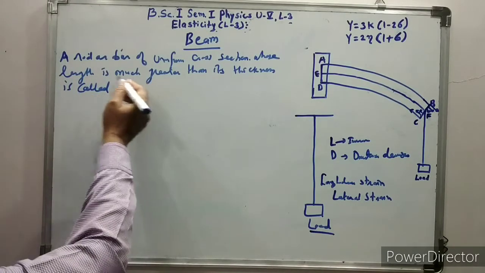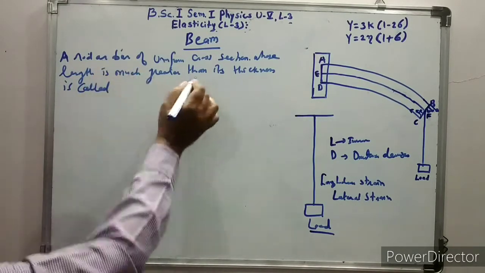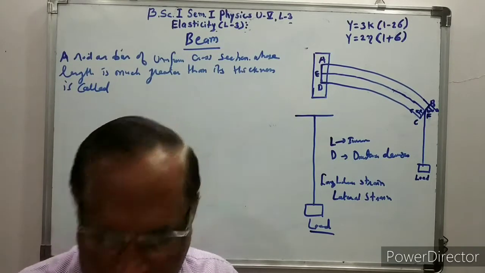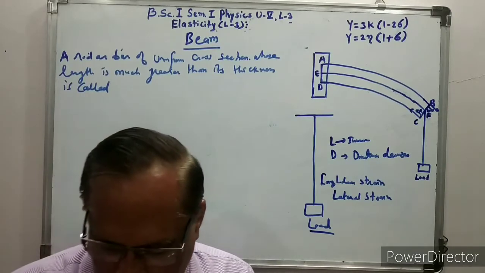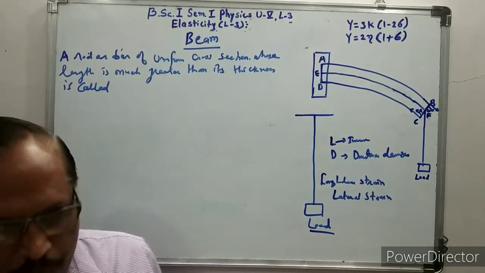So a beam is the rod or bar of uniform cross section whose length is much greater than its thickness.